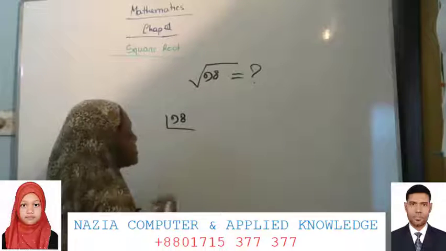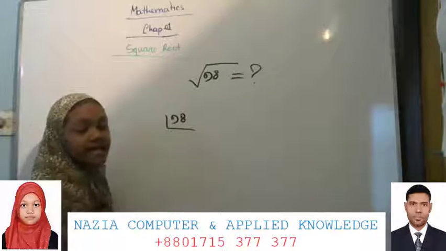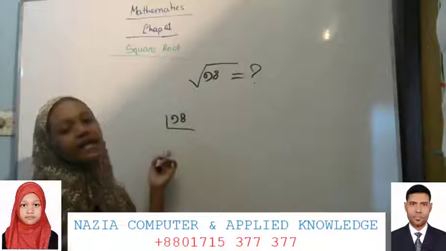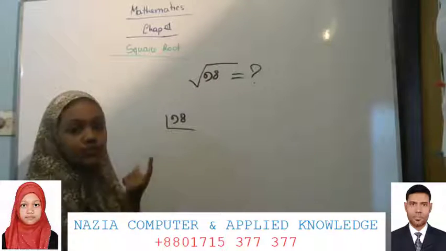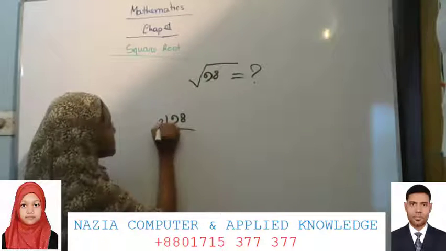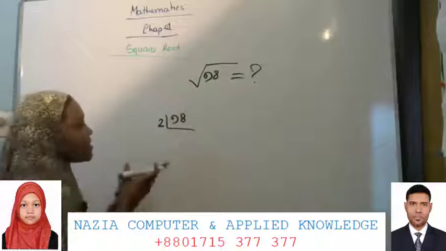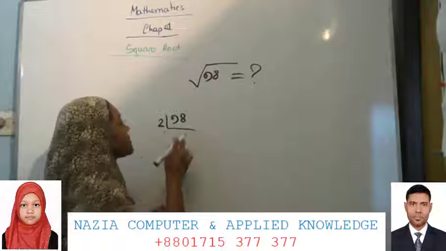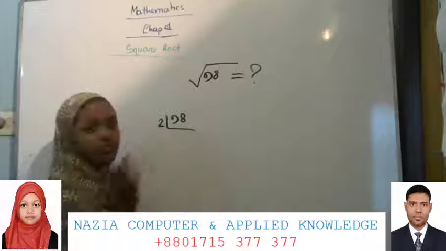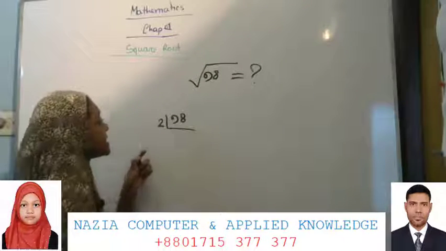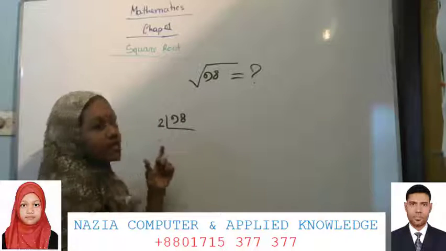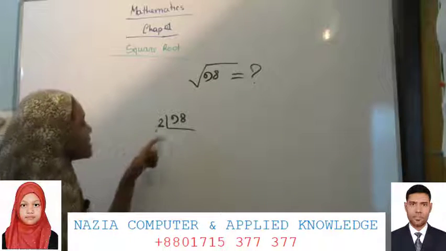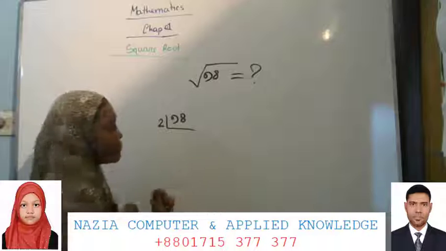Let's use the prime factorization method. 98, we know that it is divisible by 2. What number multiplied by 2 gives 98? That means 98 divided by 2.